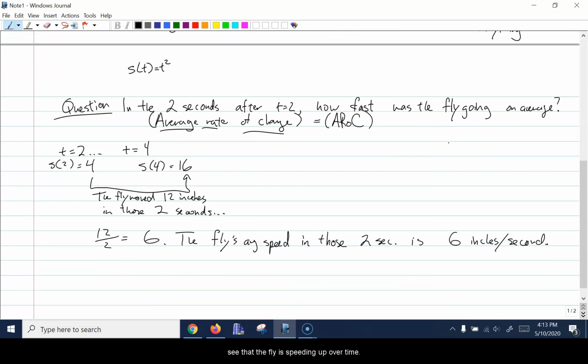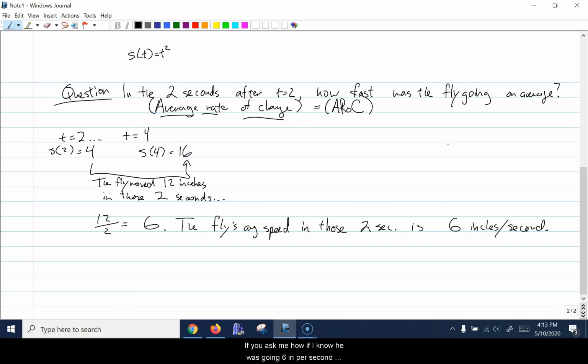If I know he was going 6 inches per second for these 2 seconds after the moment that I care about, and I know the fly has been speeding up the whole time, then this answer of 6 inches per second should be too big, because this is how fast the fly was going over a period of time that he has sped up since the moment that I actually care about his speed. So I can not only say that 6 inches per second is not the correct answer, but I do know it's an answer that's too big. Our correct answer should be something less than 6, and maybe it should be pretty close to 6.